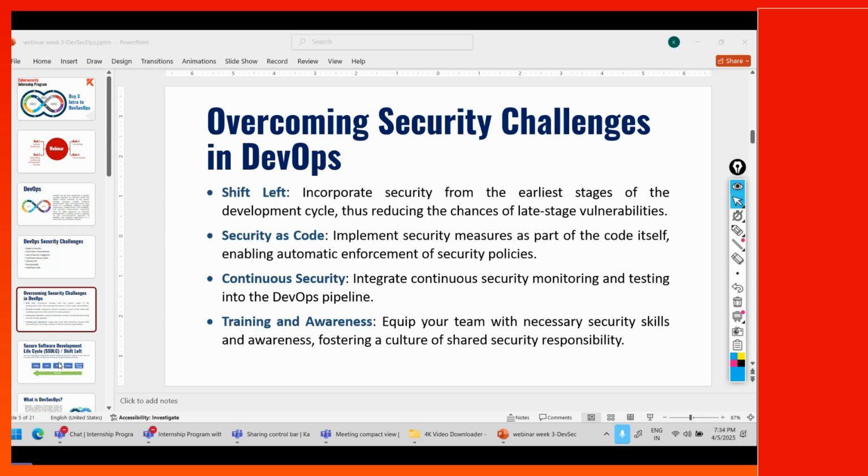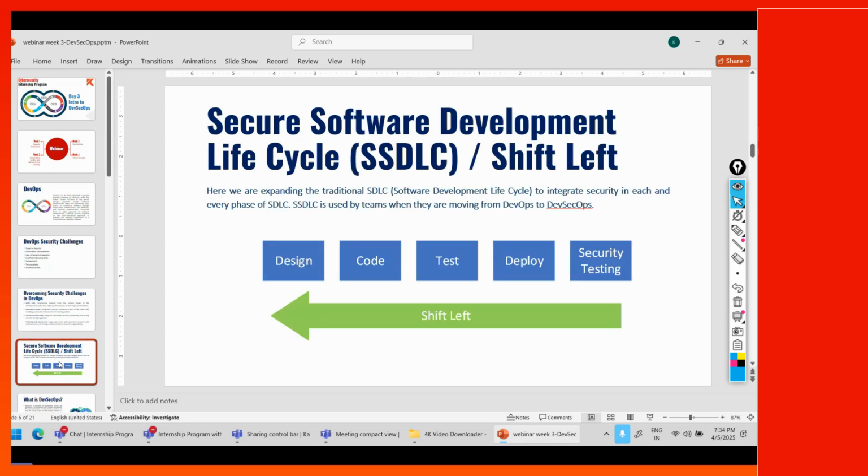So let's look at what exactly the shift left approach is. In a software development life cycle, the client will give you a set of requirements, right?